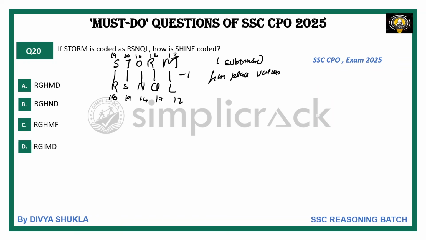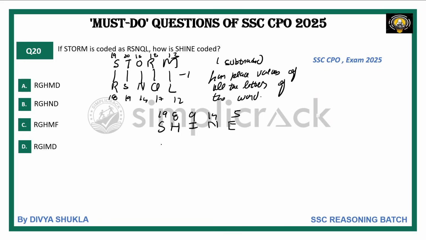So 1 is subtracted from the place values of all the letters of the word. How is shine coded as? Shine would be coded as this is 19, 8, 9, 14 and 5.